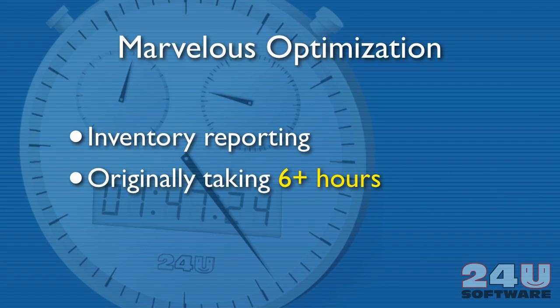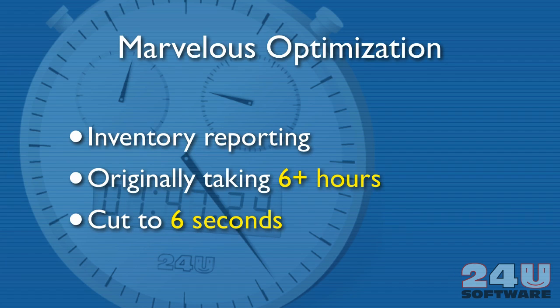And most of the time in these 6 hours was spent in the find request that was finding records through this unstored calculation. So we had to find a way to speed it up, and we were able to cut it to 6 seconds or less.